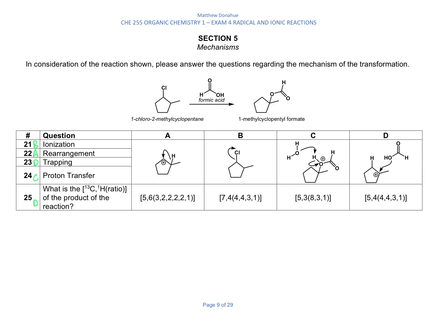And so a slightly new format for this exam, section 5, mechanisms. We're given a reaction and then we're given the choices about the different steps present. So again, what do we want to recognize here? We have a secondary chloride. We're treating with a polar protic solvent, formic acid. And where the chlorine initially was, now there's 2 H's.